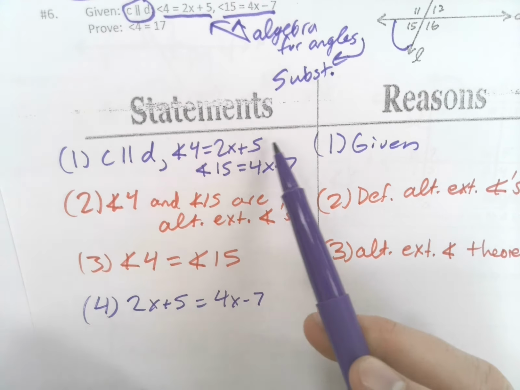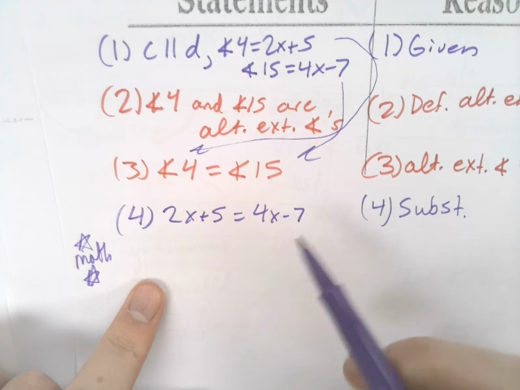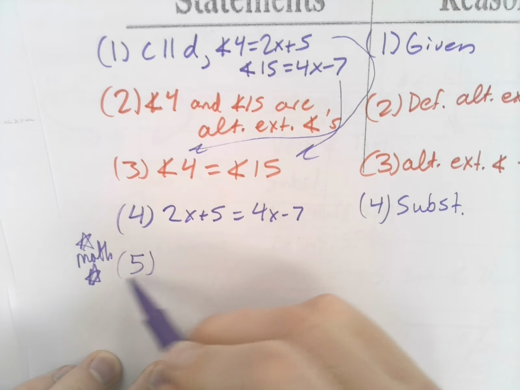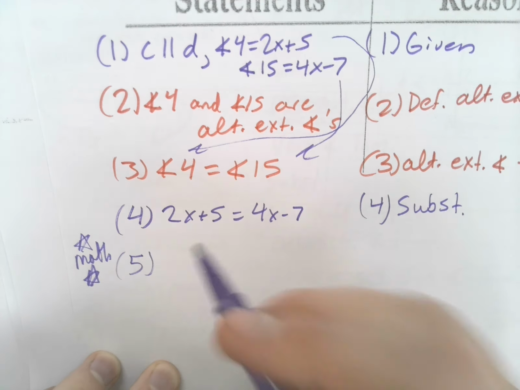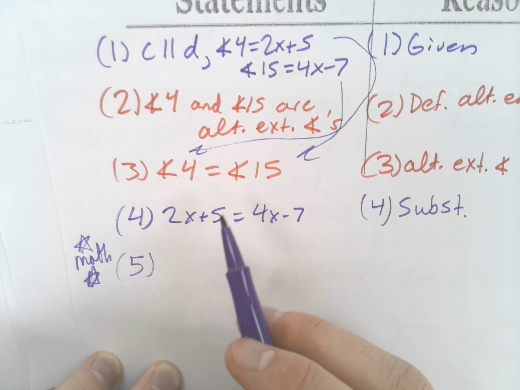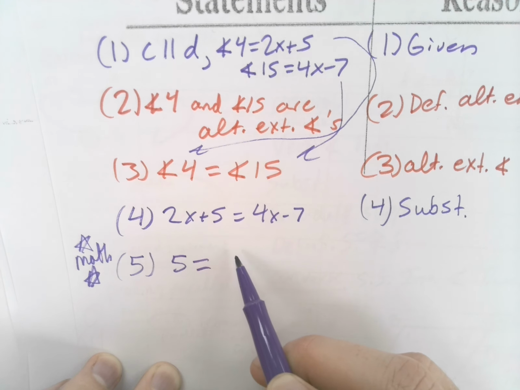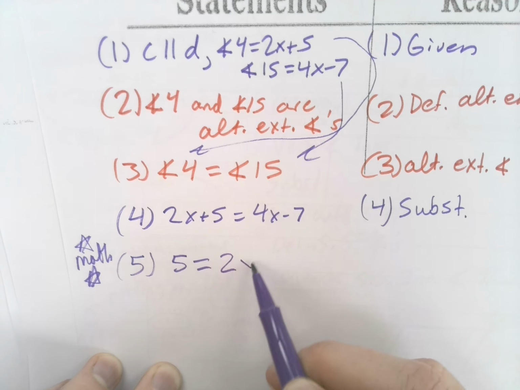And from here, guys, once you've substituted, this is where the math portion of the proof takes over. It's all about the math portion. So let's start solving for x here. I'm thinking, it's up to you guys, let's maybe subtract that 2x over. So if we subtract that 2x over, I've got 5 equals 2x minus 7.